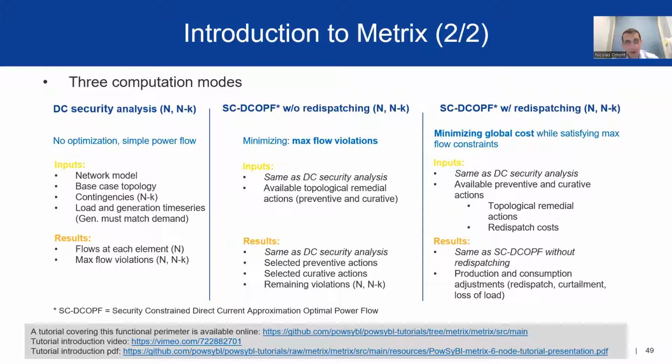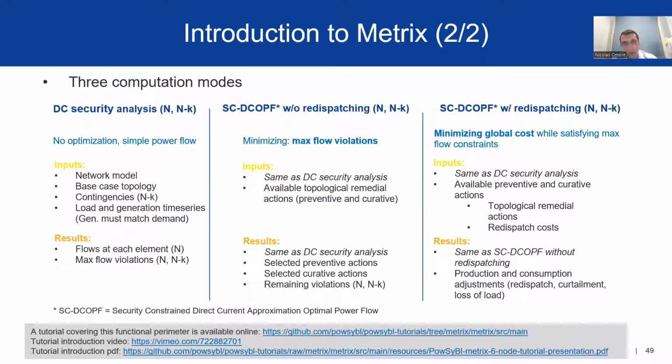Else, there is a slack node. Otherwise, there is no slack node, and the adjustments are done with marginal costs of generation units in a kind of small base case OPF. As a result, you will have flows at each element and the maximum flow violation, both in the base case and in the contingency case.